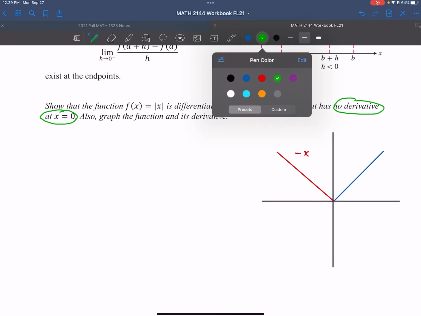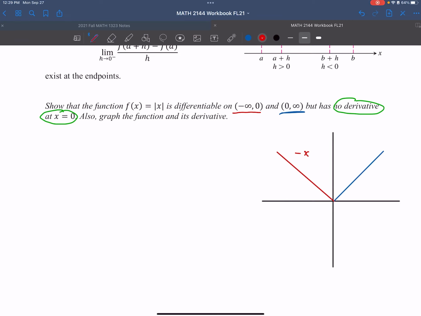So if you consider the left of 0's derivative, that is the derivative of negative x, which is minus 1. Does everyone agree that the derivative of the left side of the absolute value function is negative 1?